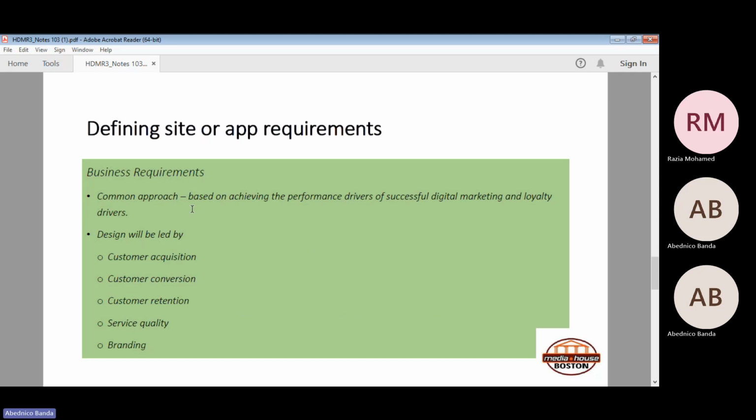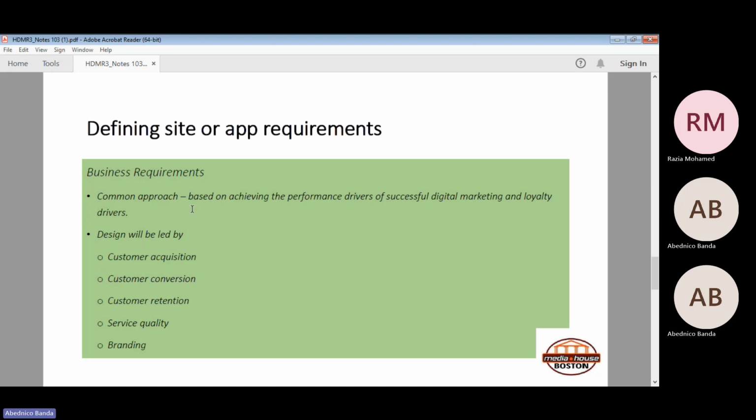So the common approach is based on achieving performance drivers of successful digital marketing and loyalty drivers. So the website, the mobile application, whatever asset you are going to use, the social media page, it needs to bring money, and that money has to be traced.